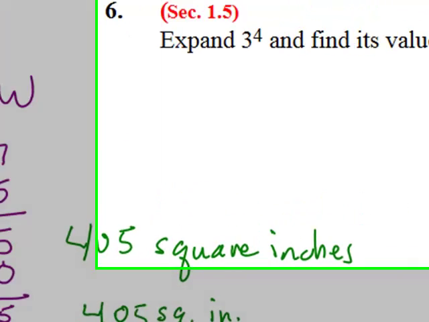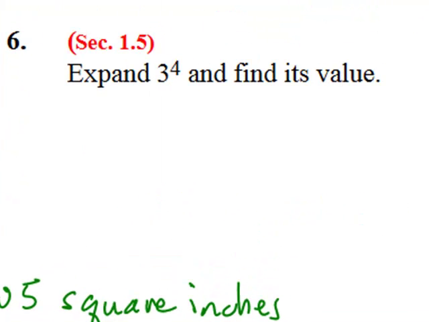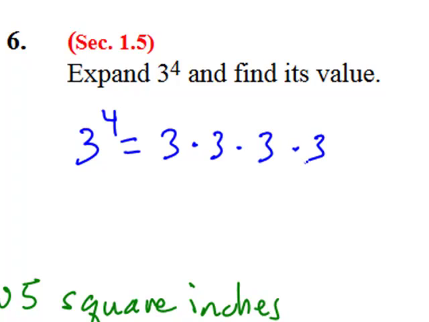Number 6. Here we are asked to expand 3 to the 4th power and then find its value. Now 3 to the 4th means 3 times 3 times 3 times 3.